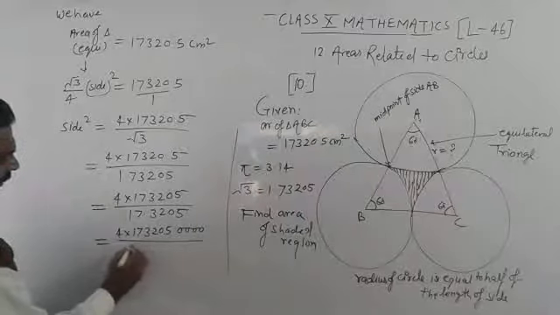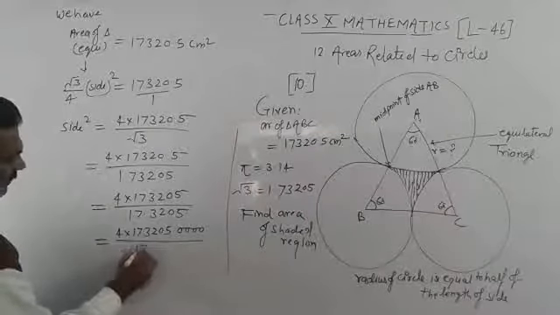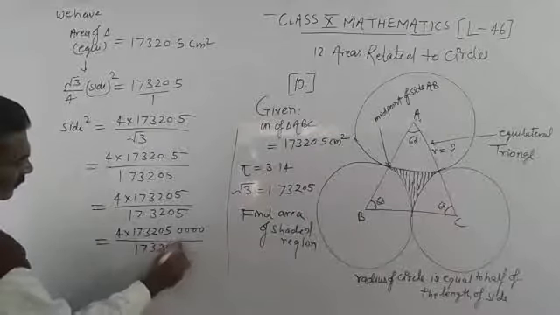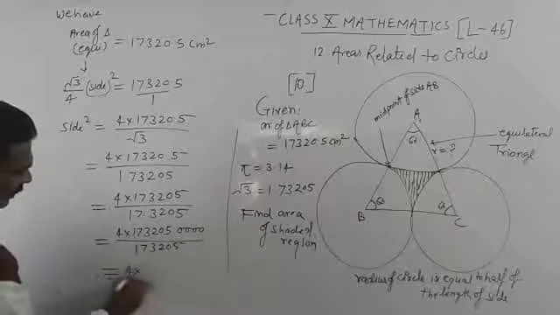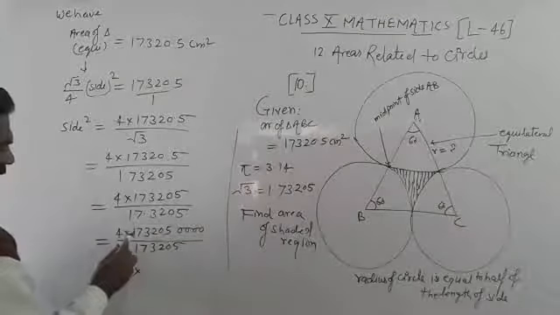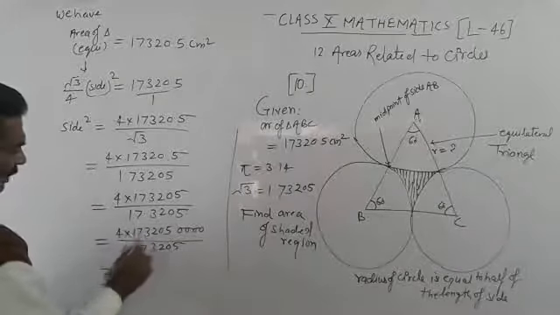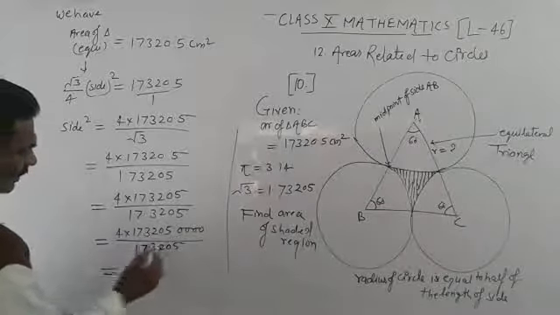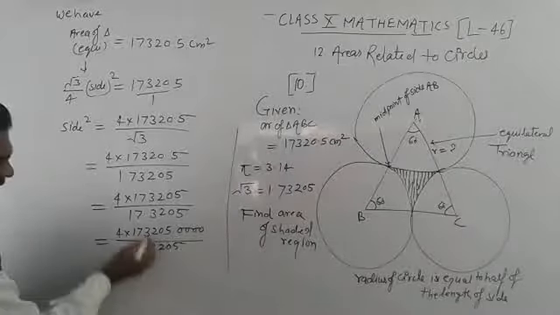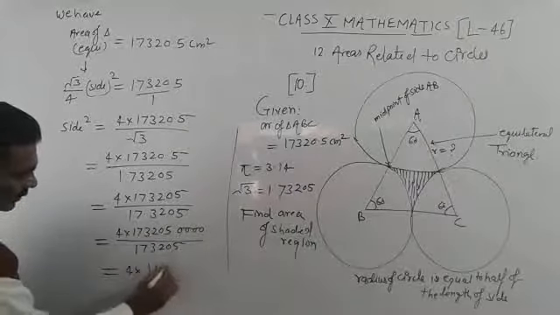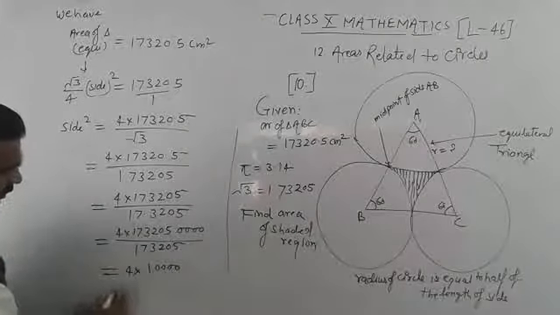So now finally we have eliminated the decimal to 173205. Now finally 4 multiplied by 173205 upon 173205, both numbers are the same. So after division we can write directly 10,000.